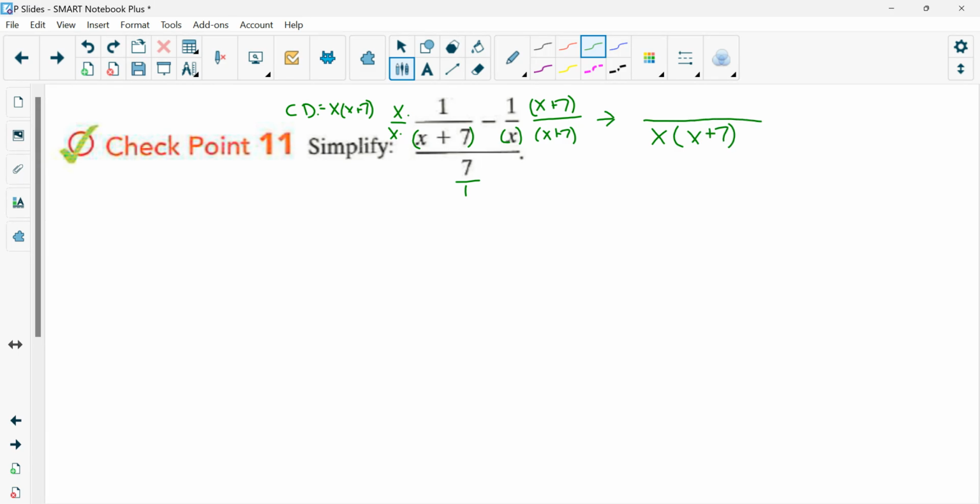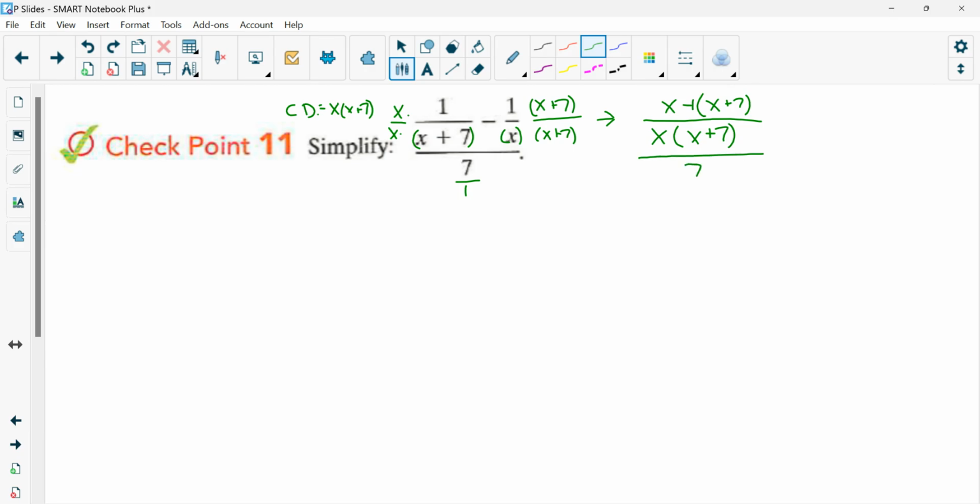My numerator, 1 times x is x, minus, so you got to be careful here. Anytime we use minuses, we have to make sure we use brackets or parentheses. And then 1 times x plus 7 is just going to be x plus 7. But again, I'm doing a negative 1 that's really in front of that.